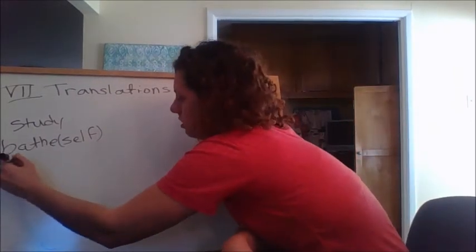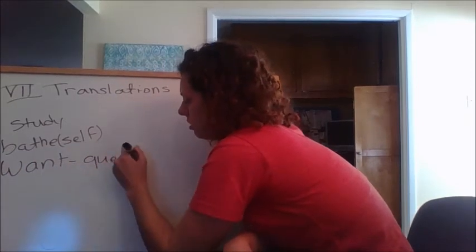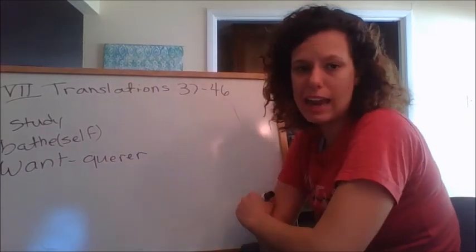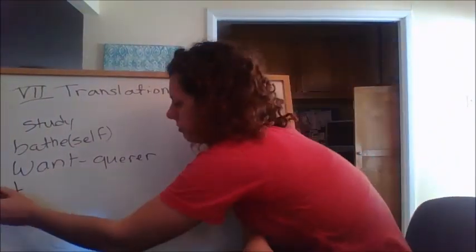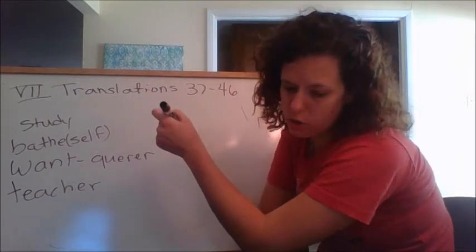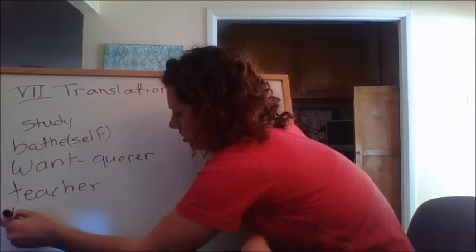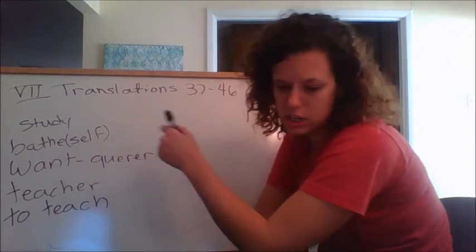Want. So this would be querer. Okay, so you need to know how to conjugate querer. Then you need to know the word for teacher. You need to know to teach. The verb to teach.